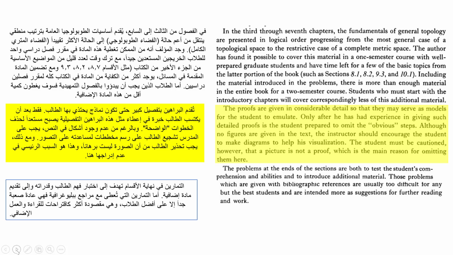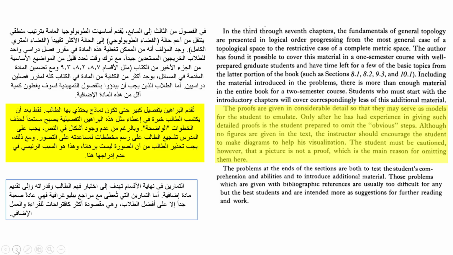The proofs are given in considerable detail so that they may serve as models for the student to emulate. Only after he has had experience in giving such detailed proofs is the student prepared to omit the obvious steps. Although no figures are given in the text, the instructor should encourage the student to make diagrams to help his visualization.